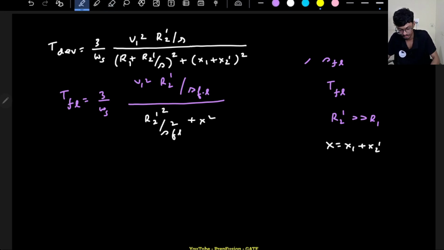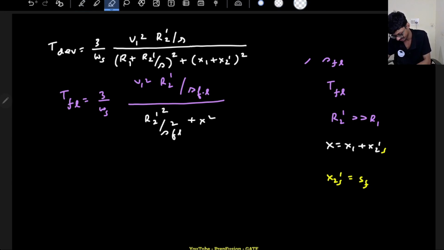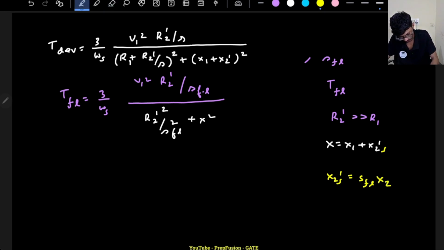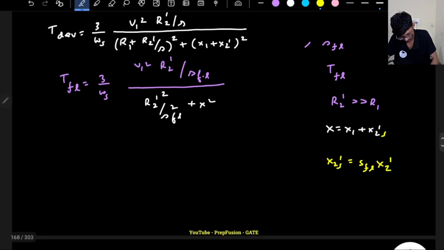If the rotor is rotating with some slip, my X2 dash is SFL, whatever is the slip, into the standstill reactance, X2 dash s. And X2 dash s is SFL into X2 dash. Okay, my eraser is very big.